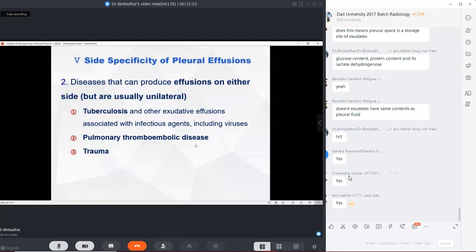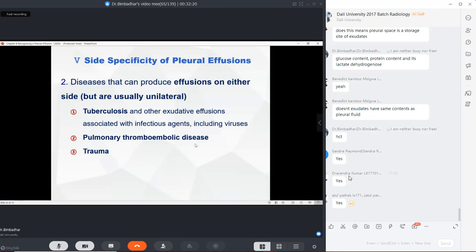It might be happening because of leakage of blood from the thoracic, costal capillaries. That will accumulate only on the left side. So for unilateral pleural effusion, trauma, yes, it is present, but the most common one is tuberculosis.